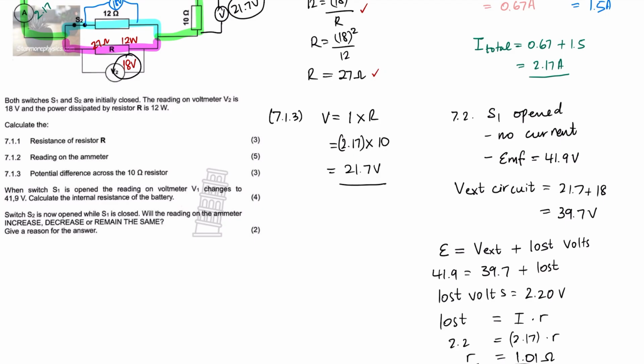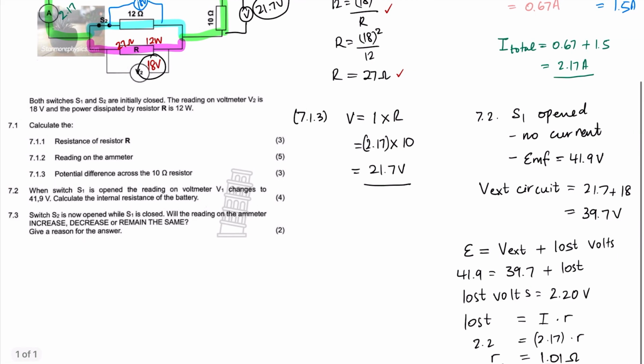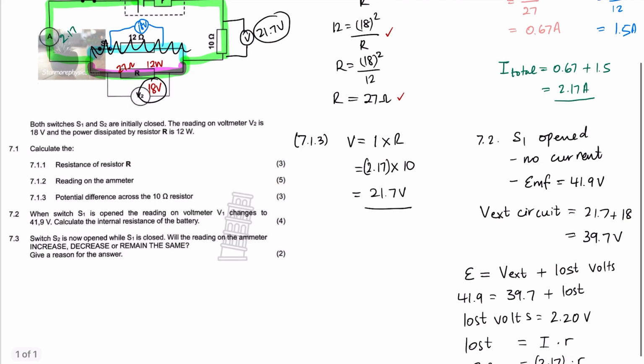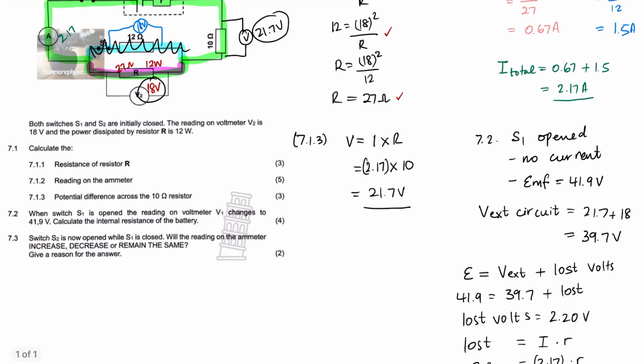Now the last question, question 7.3: switch S2 is opened. So this is now gone, and it's now all green. Will the reading on the ammeter increase, decrease, or remain the same? Give a reason for your answer. What's happening? We are removing a resistor in parallel.